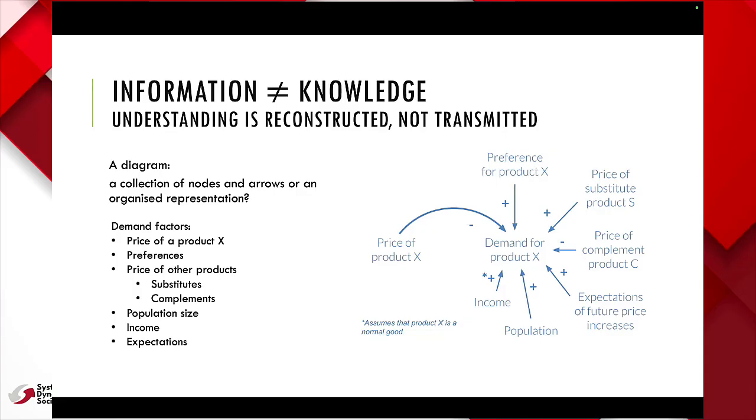One of the factors here is the price of a substitute for the product X we are looking at. To what extent would a change in that price change the demand for product X? That will probably depend on the product X and the substitute. We can't generalize across that.